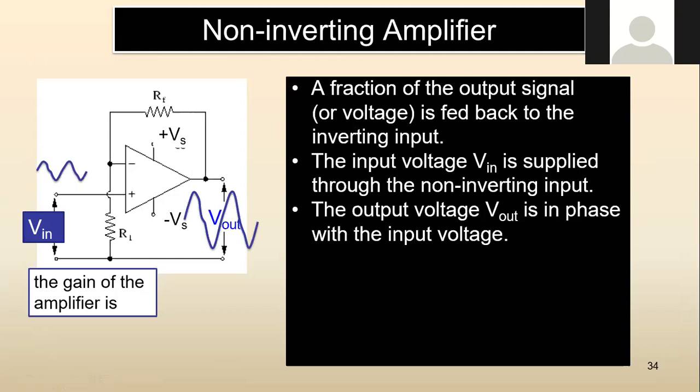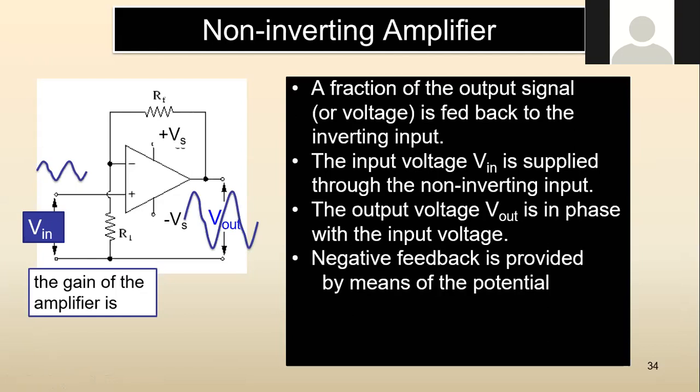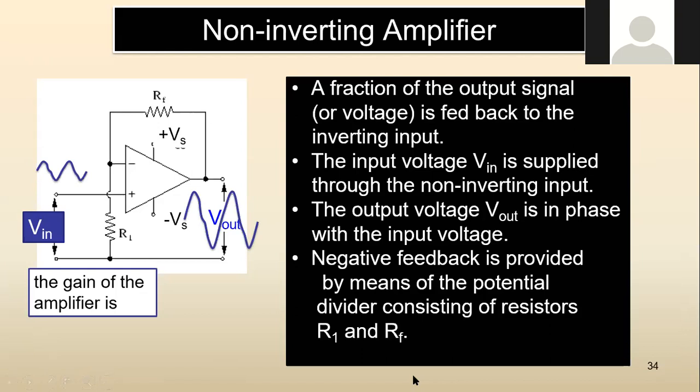Remember, this is non-inverting, not inverting. As we say, negative feedback is provided by means of our potential divider, RF and R1. You're required to remember this formula: you add the two resistances, divided by R1.